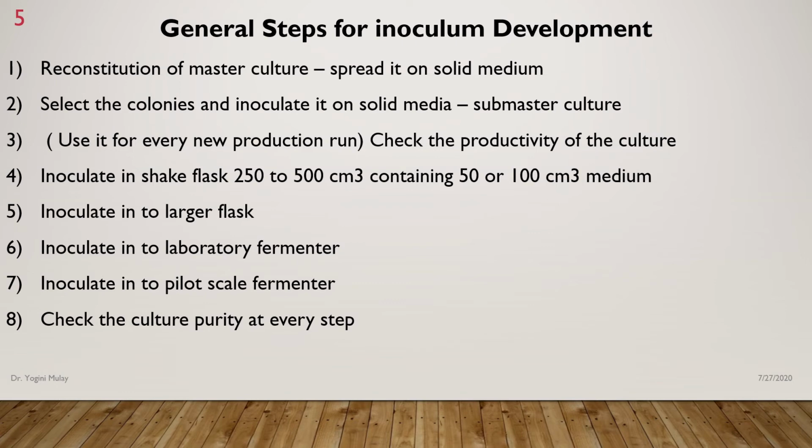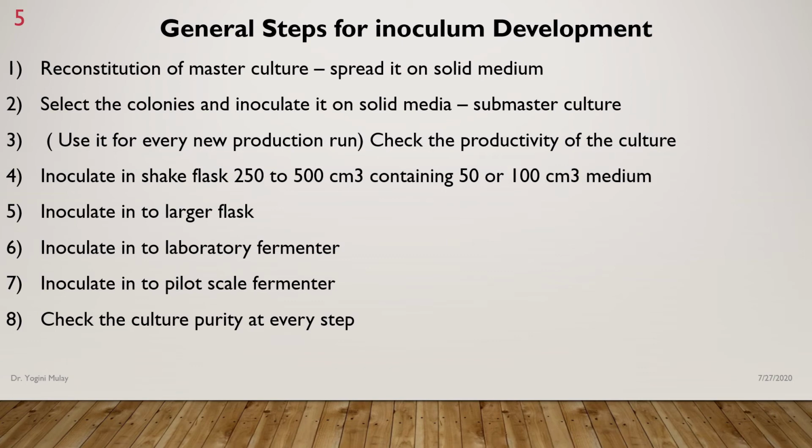And once it is checked, then you inoculate it in a shake flask having a capacity of 250 to 500 ml, containing 50 to 100 ml of the medium. Then incubate this shake flask either in a shaker or at room temperature as per the requirement. Then inoculate this inoculum into a larger flask.